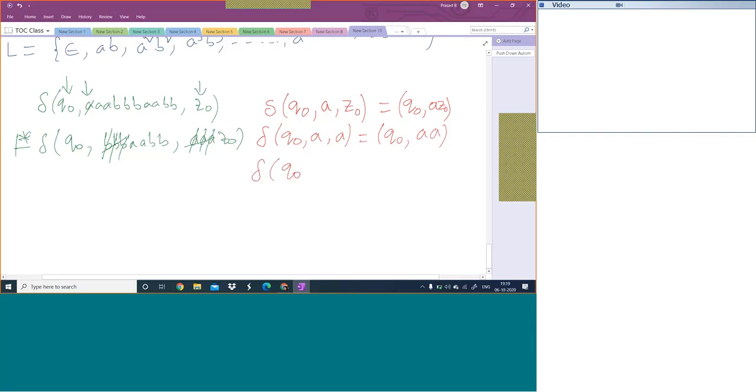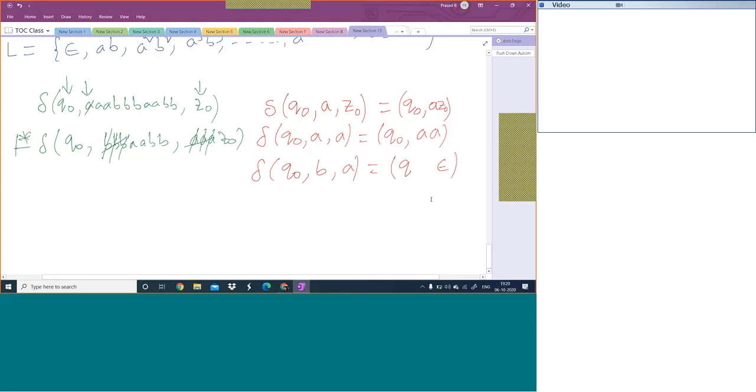And when A's are finished, when B comes, the top symbol A must be deleted. When you are deleting for the first time, change the state to Q1. Okay, change the state to Q1. If you change the state, then the problem will be solved.